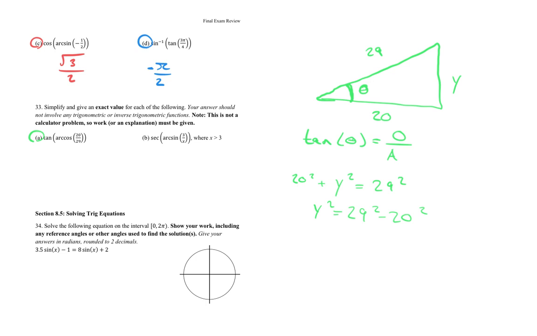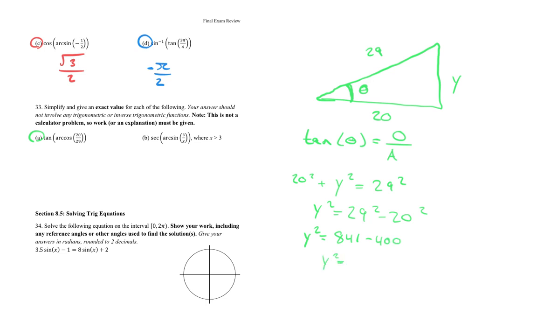From here, I'm going to use a little bit of calculator work just to plug in this expression here, which is sort of what the question wants us to do. So y squared equals 29 squared, which is 841, minus 20 squared, which is 400.